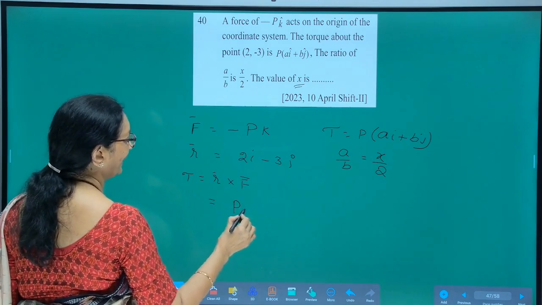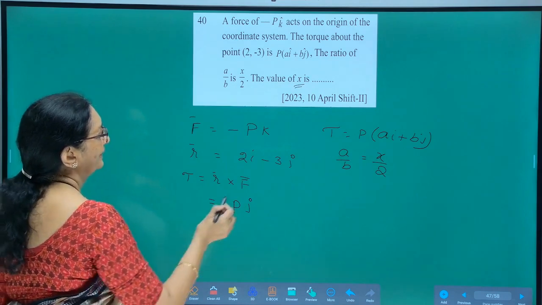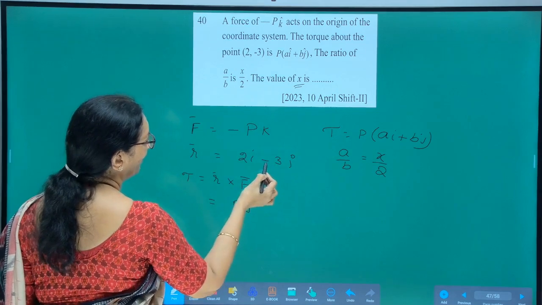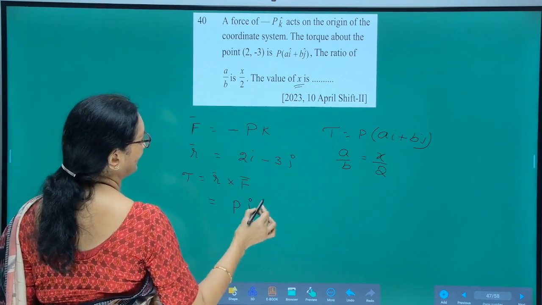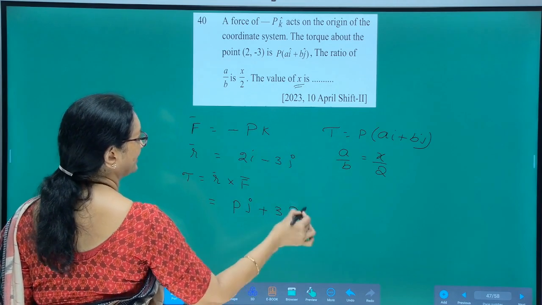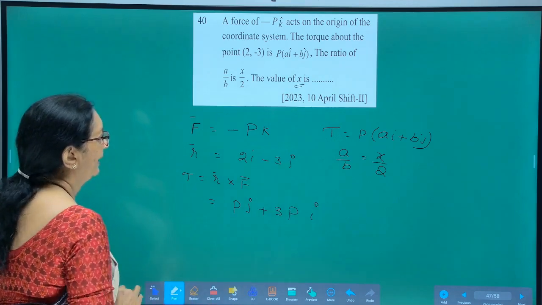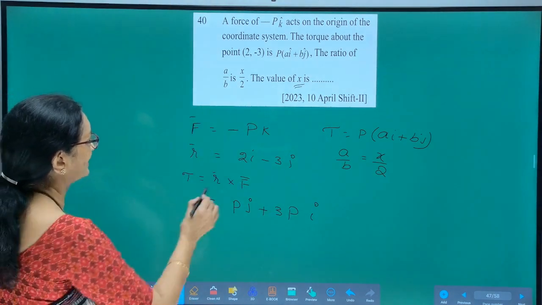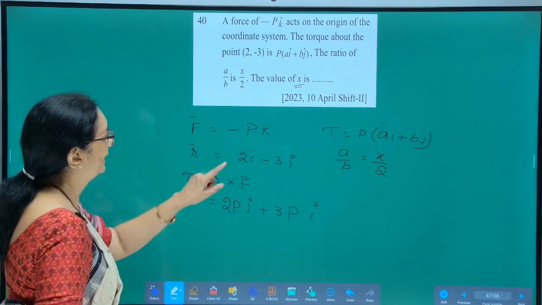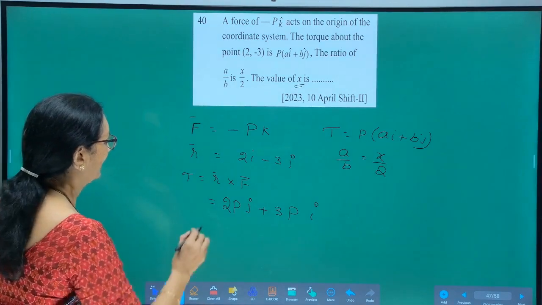So plus P j bar. J cross k is i. So minus into minus becomes plus. So plus 3P, j cross k is i bar. Okay. And 2 i cross k, i cross k is j, 2 into P, that is 2P, right.